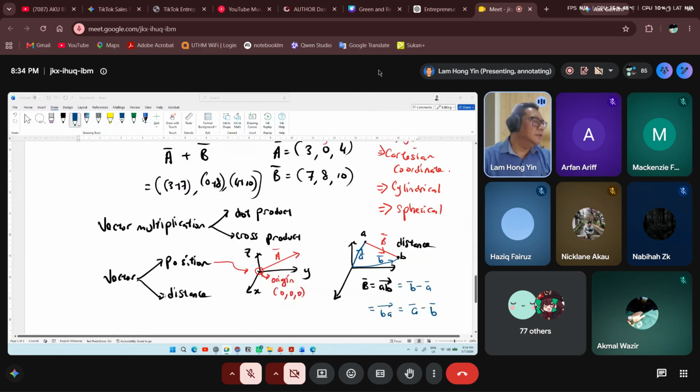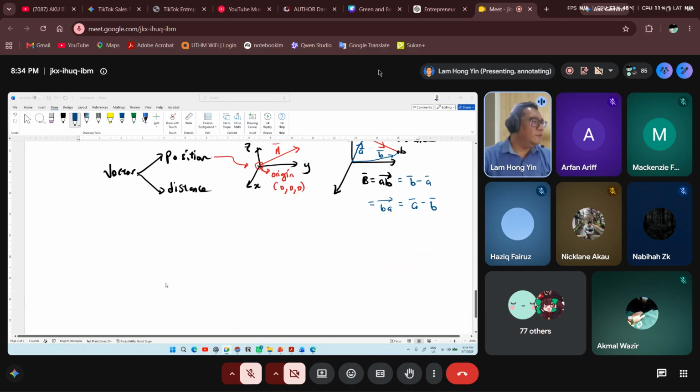So we have done the vector, but before we go further, let's take a look at the vector multiplications.